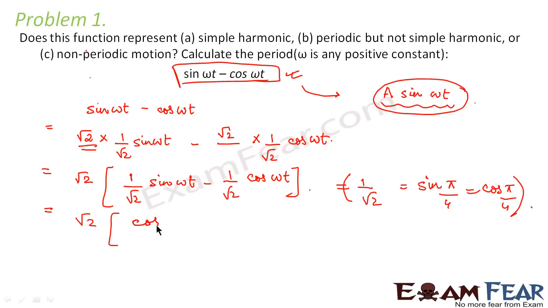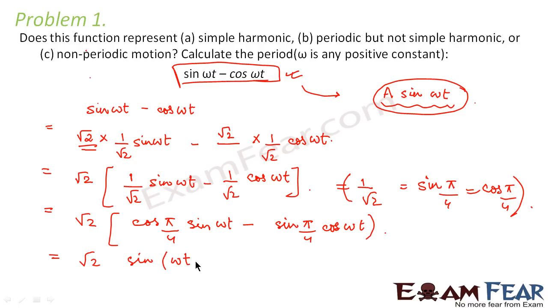So this we can write as root 2 times cos pi by 4 sine omega t minus sine pi by 4 cos omega t. What is this? This is nothing but sine A cos B minus cos A sine B, and that is nothing but sine of A minus B. So we can write it as sine of omega t minus pi by 4.